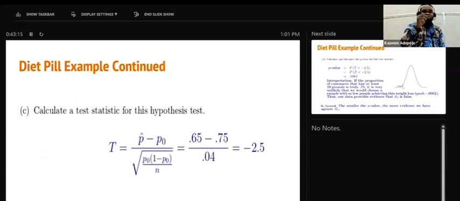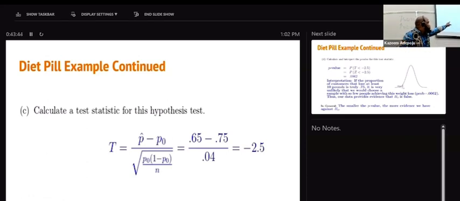And in my experience teaching over the years, I realized that students normally make a mistake. What you're going to put inside the square root will be the hypothesized value, not the sample. Does that make sense? You can say P0, right? It means I'm putting in 0.75. What did I get at the end of the day? Negative 2.5. The negative 2.5 is the test statistic.